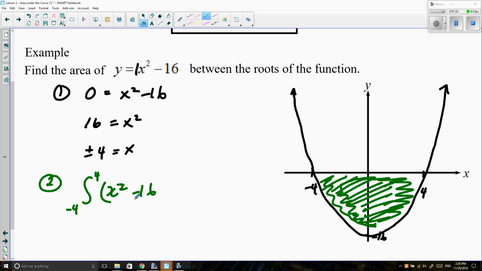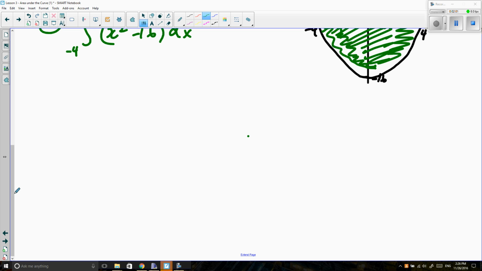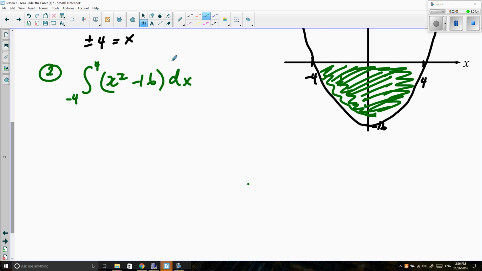So x squared minus 16 is what we consider my integrand, and there's my integral that represents the area. So once again, it's going to be negative, but in the end, I have to make it positive by taking the absolute value of this function. So before I do that, I'll go ahead and take the antiderivative. So I get x cubed divided by 3 minus 16x. Okay, and then we're evaluating from negative 4 to positive 4.